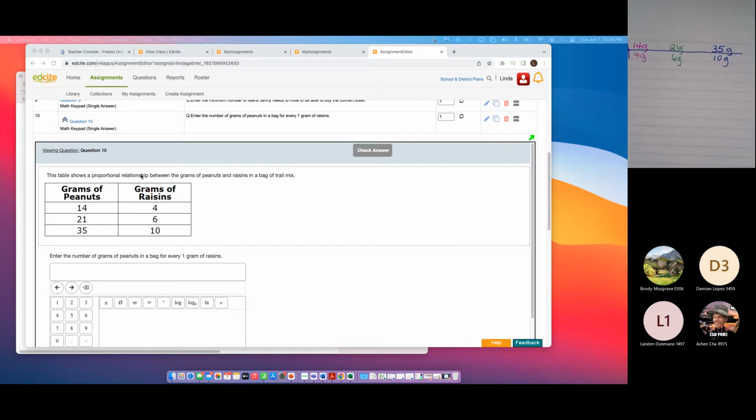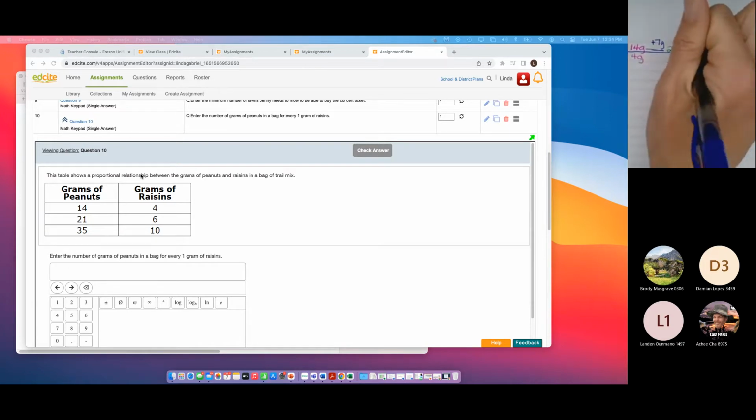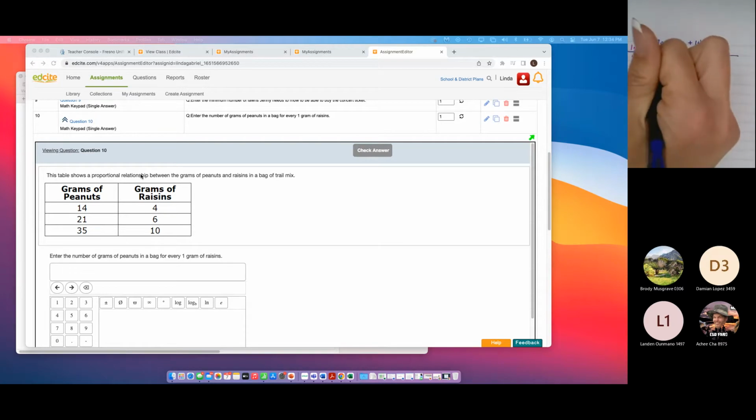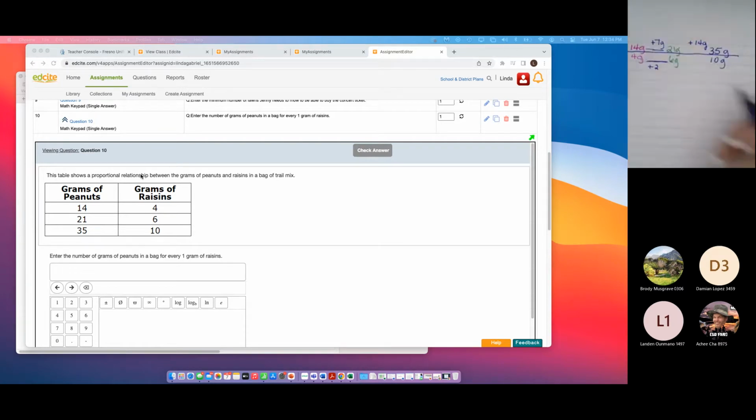All right, so my first one, I see that I have plus 7 grams in between here. 21 to 35, I have plus 14 grams. Okay. 4 to 6, that's plus 2.